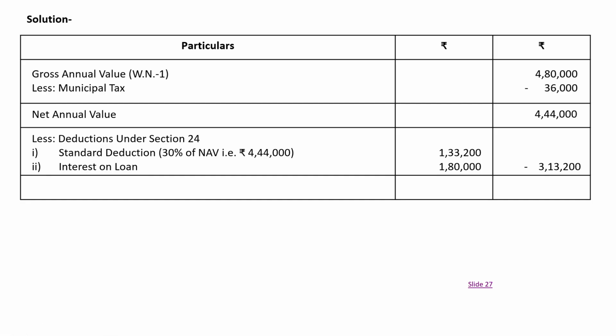That is the interest on loan, and therefore the total deduction that comes to rupees how much? 3,13,200. So deduct that one from the net annual value of 4,44,000 minus 3,13,200. Here the income from house property we get is how much for Mr. Ravindra for the assessment year 2025-26, 1,30,800.